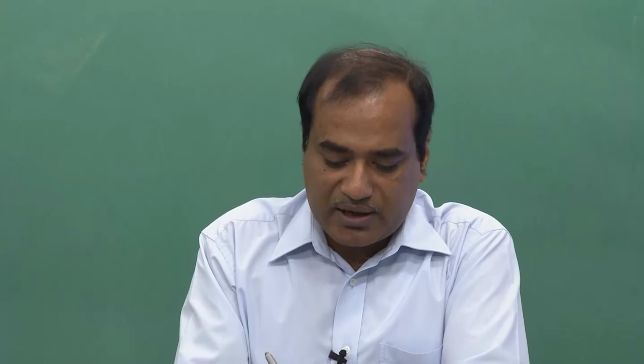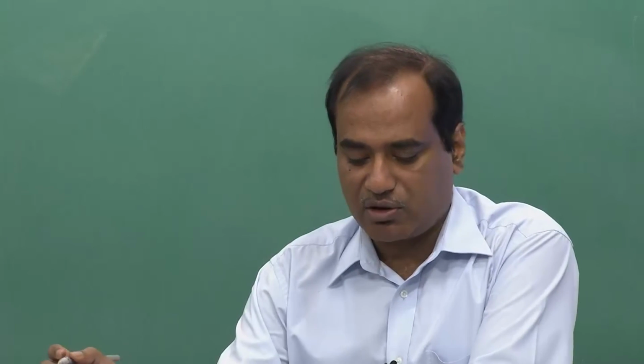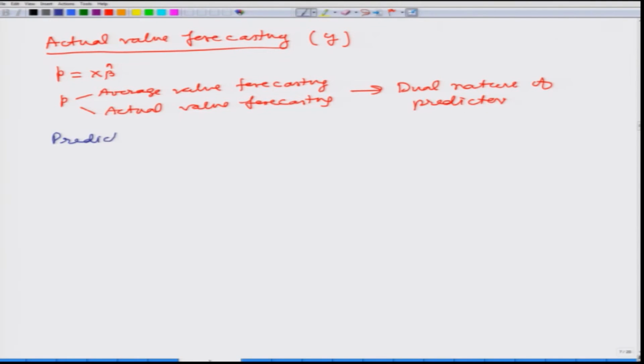Okay. So, let us try to investigate the properties of this predictor when it is used for actual value forecasting. First of all, we try to find out its prediction error. Since p is being used to estimate the value of y, the estimation error is given by p minus y, where p is x beta hat and y is x beta plus epsilon.